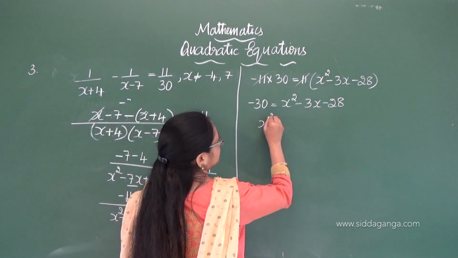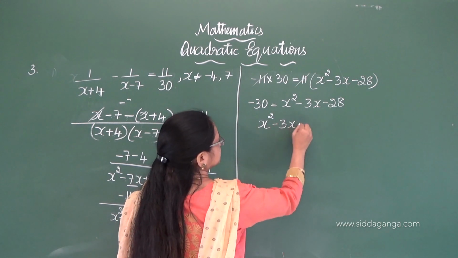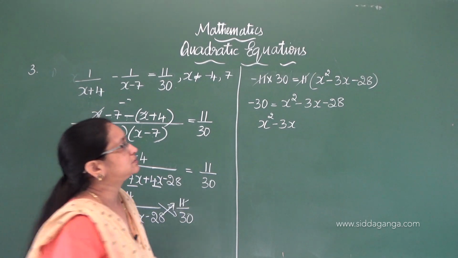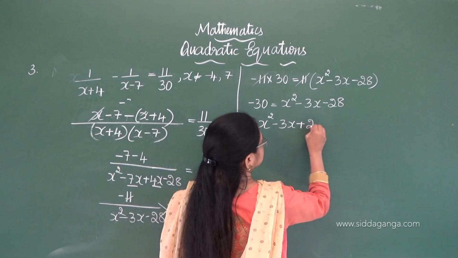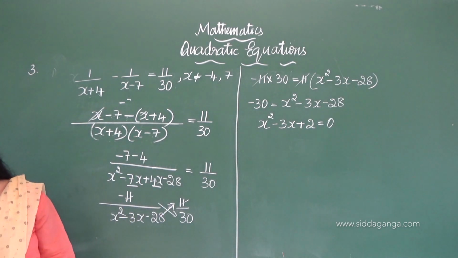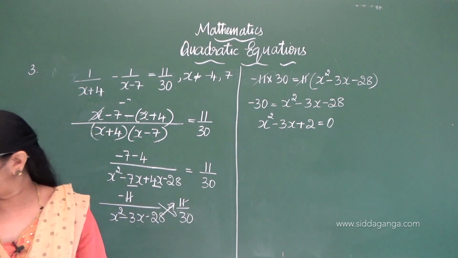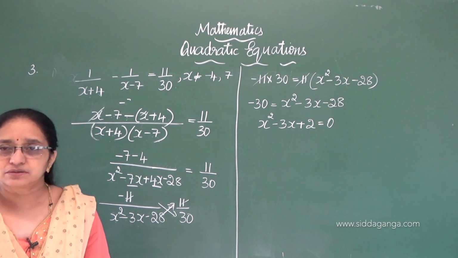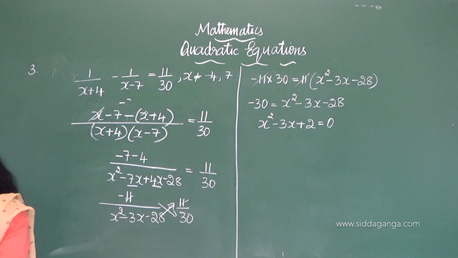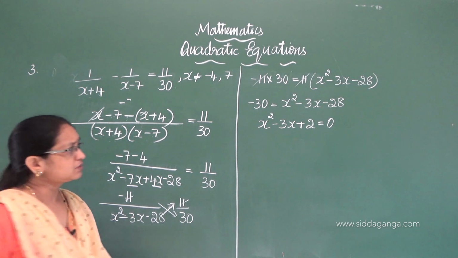So x square minus 3x minus 28 plus 30. So it will become plus 2 is equal to 0. So now you know the quadratic equation, that is x square minus 3x plus 2 is equal to 0. Now you know how to do this.